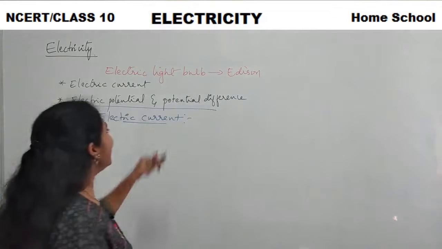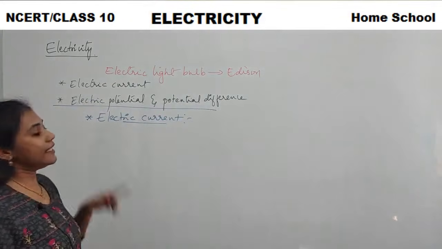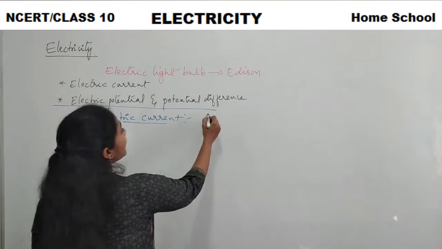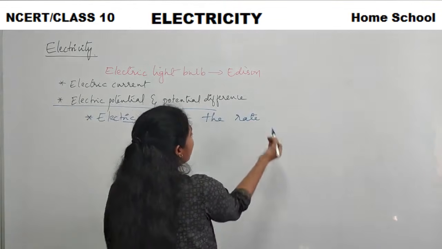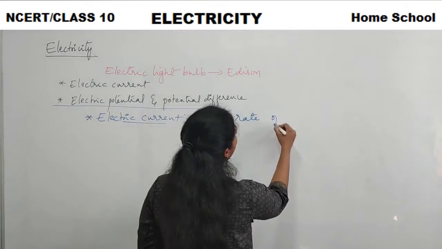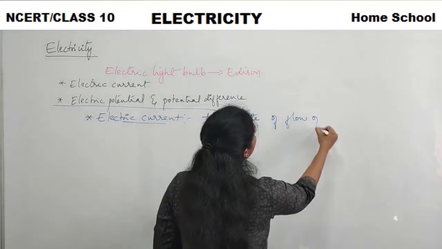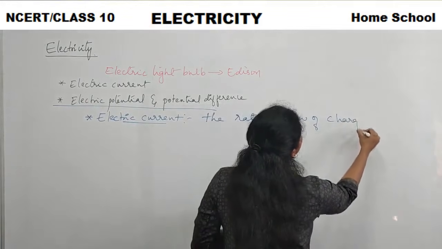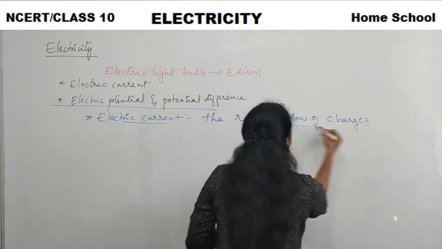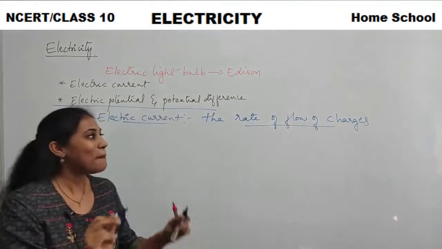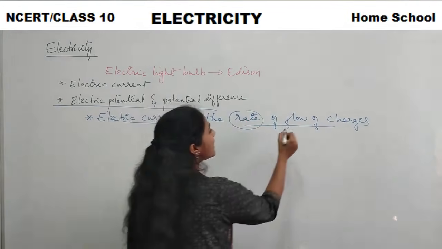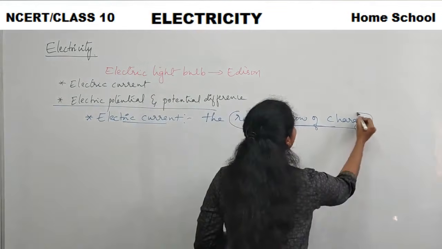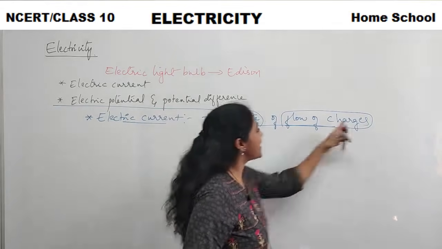So let me give you the definition of electric current first. The rate of flow of charges. The definition is very easy. The rate of flow of charges is called electric current. That's it, right? But what is the meaning of the word rate? What is the meaning of this particular phrase flow of charges?